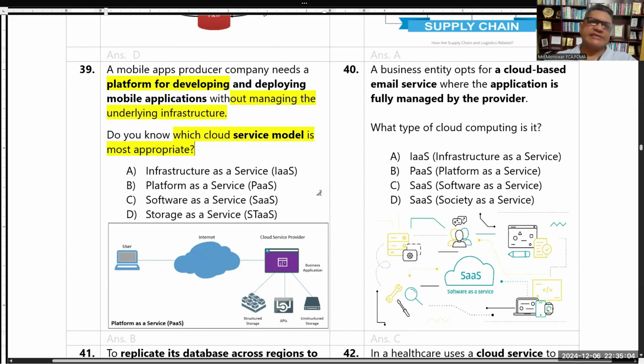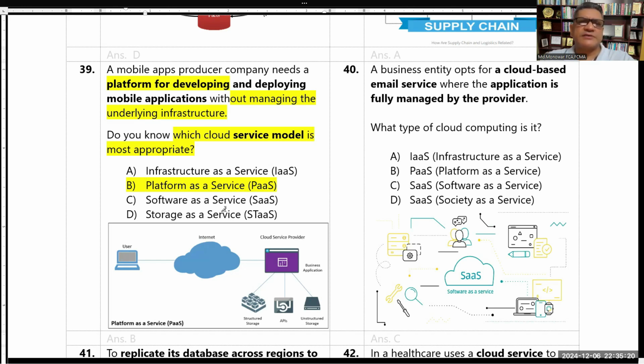So in this case, platform as a service, PaaS, would be the answer because that platform can be used by the company for developing and deploying the mobile application without managing the underlying infrastructure. So here the answer is B, PaaS, Platform as a Service.